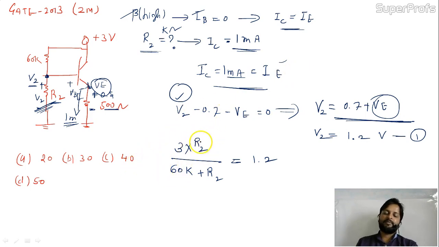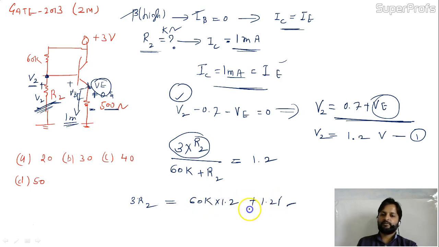What is the value of R2 if these two values are equal to each other? Okay, so this is 3R2, right? 3R2 equal to 60K into 1.2 plus 1.2 R2.